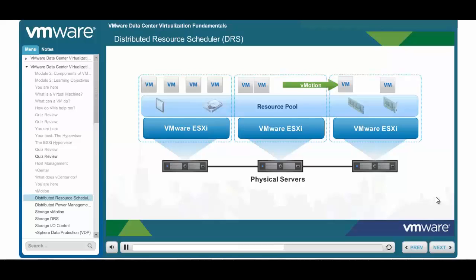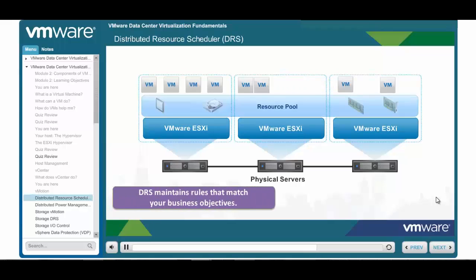Just how smart is DRS? For example, what if you have a couple of servers that really shouldn't be placed on the same physical server? Perhaps they are part of a redundant cluster and really need to be isolated from one another. DRS can help you. One of the most helpful functions of DRS is its ability to maintain rules that match your business objectives. You can create a rule that binds multiple virtual machines together, or that forces them apart.